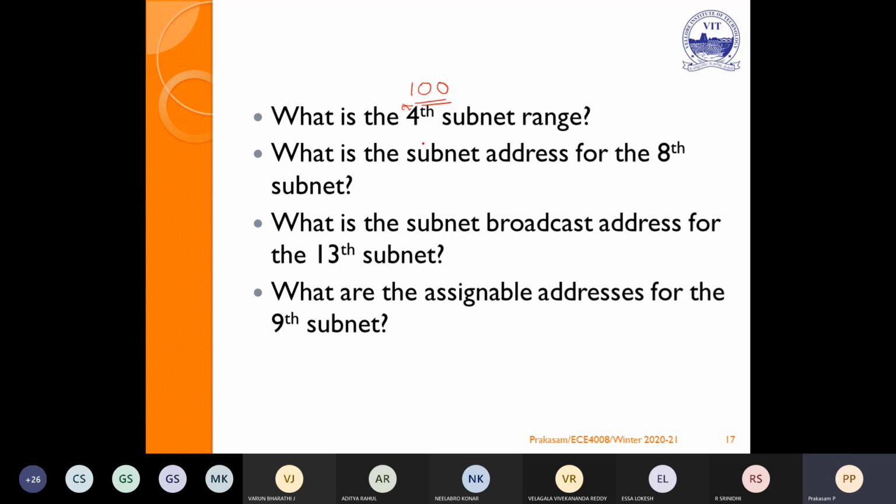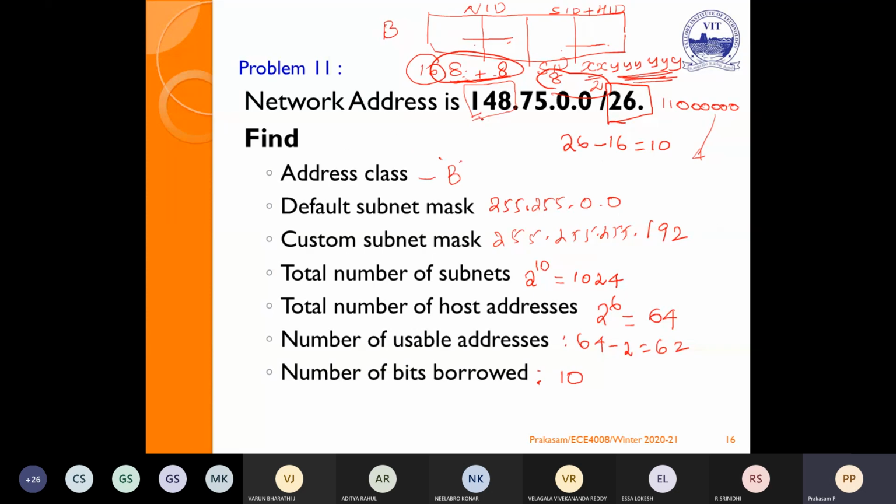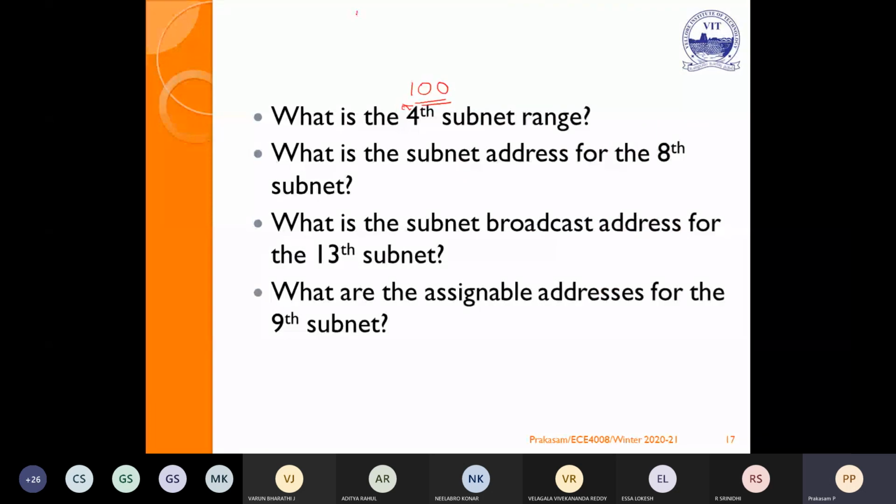So how will we find the fourth subnet range? First, you have to find the fourth subnet ID. 148.75.0.0 is the given IP address. Since it is class B, these two bytes are the network, so we are not touching this.